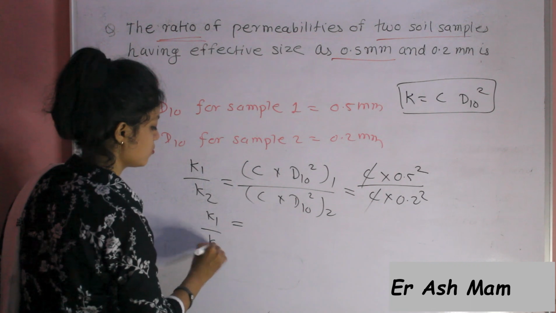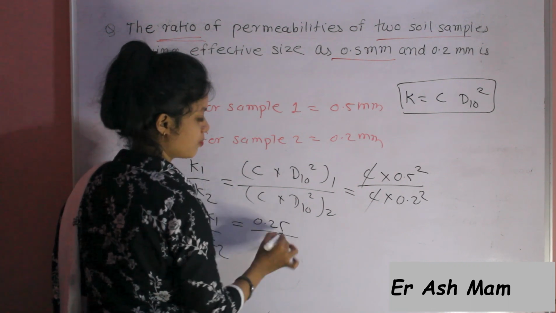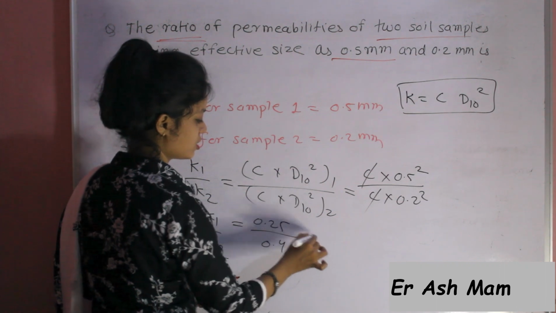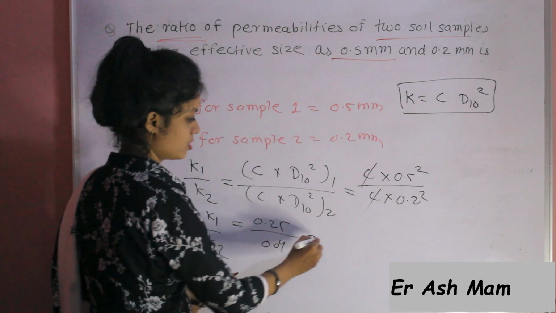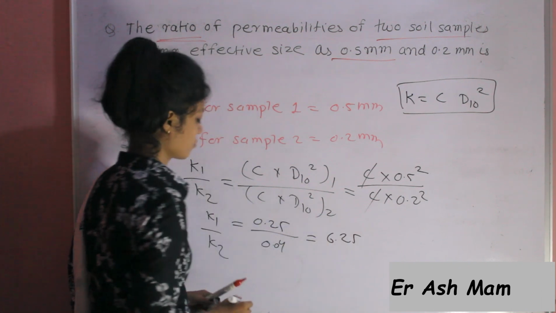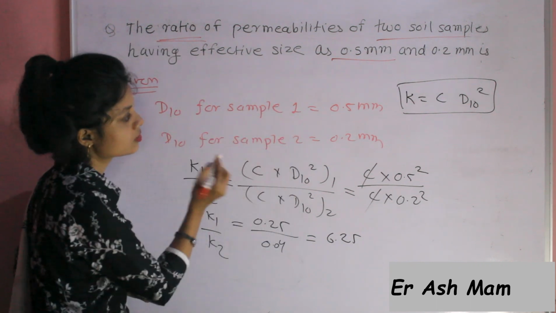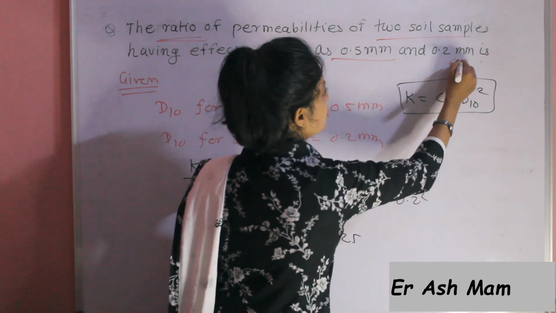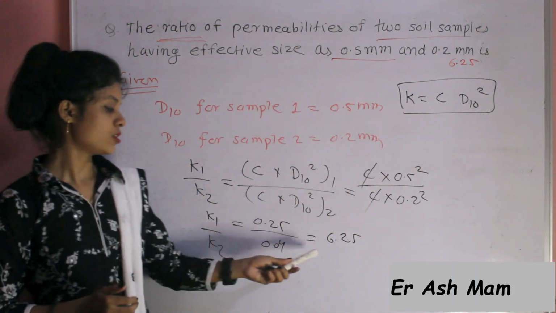Therefore, K1 upon K2, 0.5 square, that is 0.25, and 0.2 square equal to 0.04, which is equal to 6.25. Therefore, K1 upon K2 equal to 6.25. Ratio of two permeabilities is 6.25.